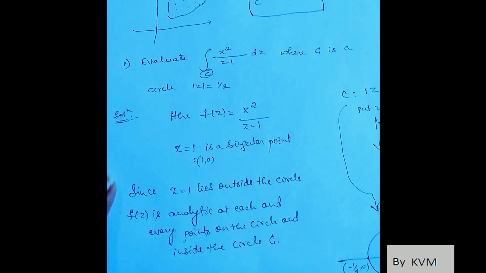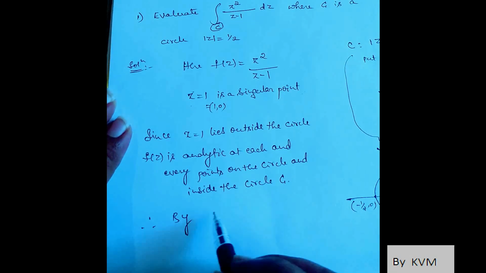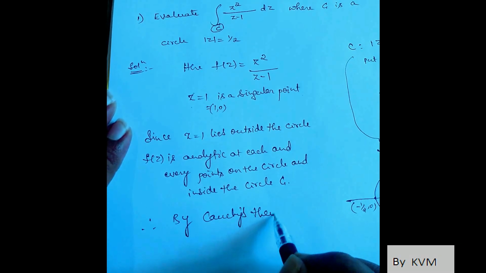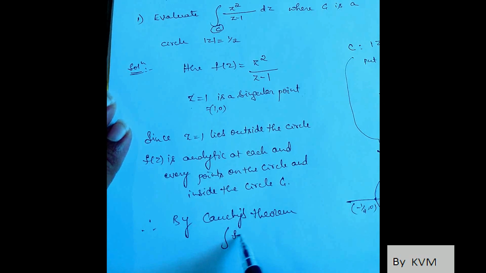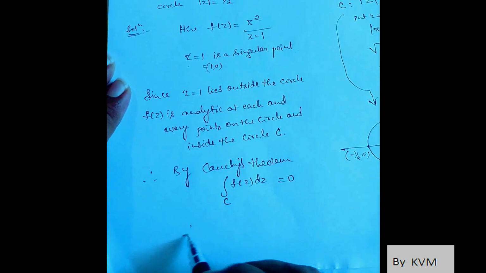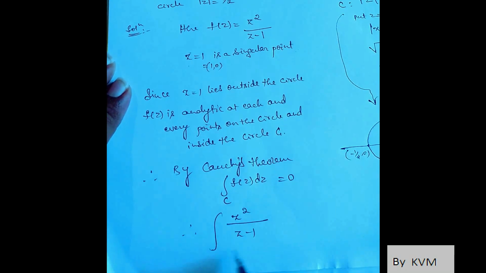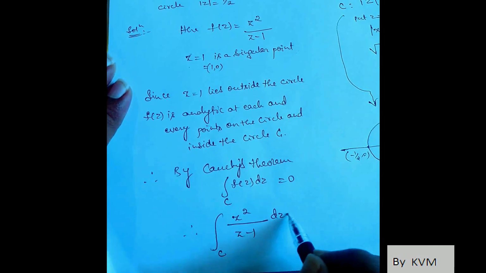Therefore, by Cauchy's theorem, integral f of z dz over c equals 0. So what is f of z here? That is, integral of z square by z minus 1 over c dz is 0.